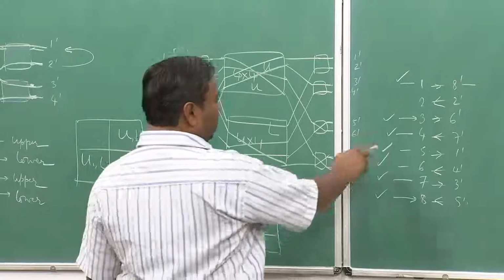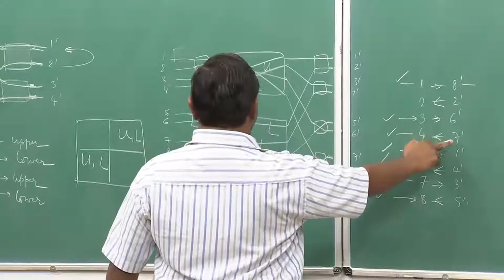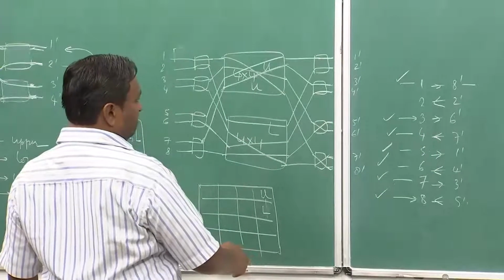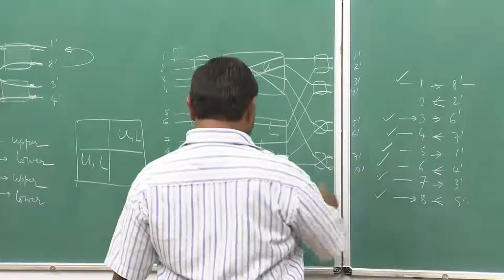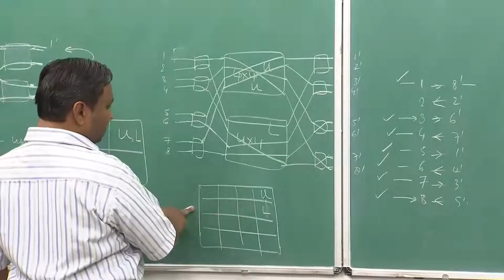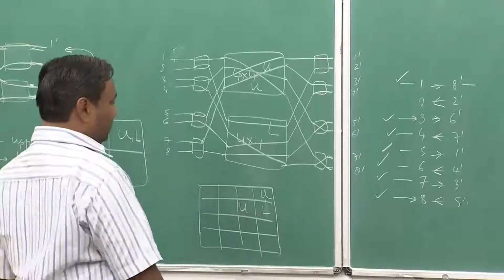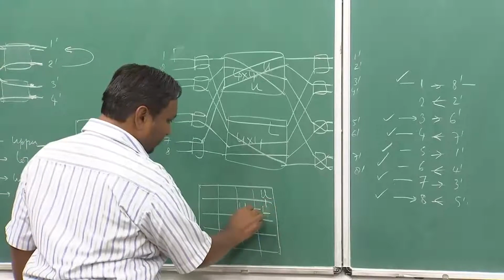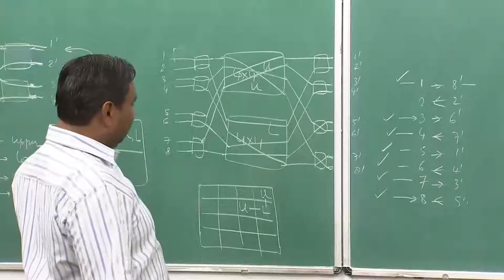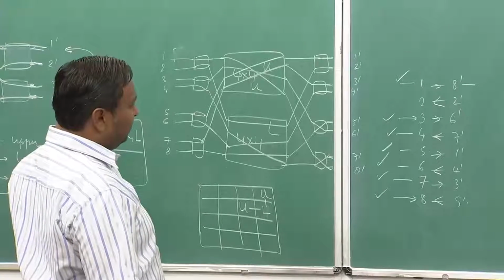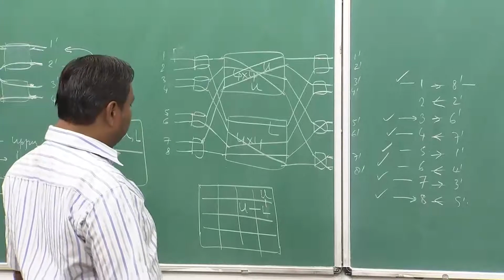And then I am doing 3 to 6 prime. So, 3 stands here, 6 comes here, I am using the upper part. So, remember this is the way I am going, and then I am using 5 prime being connected, 8 to 5 prime.